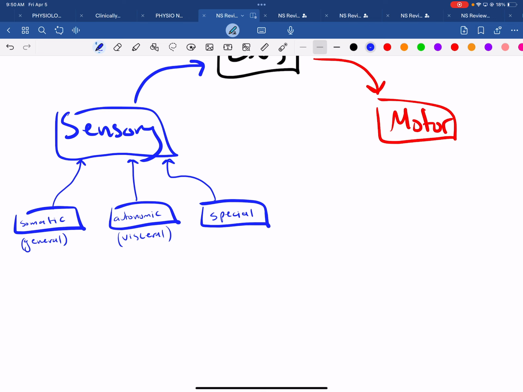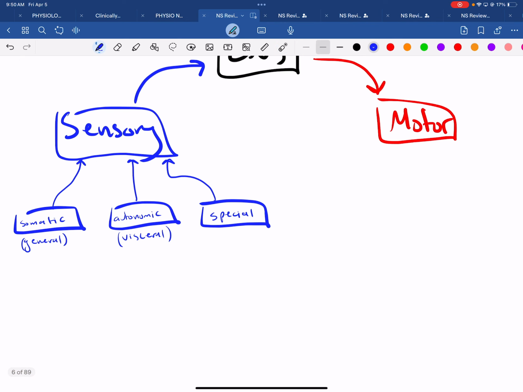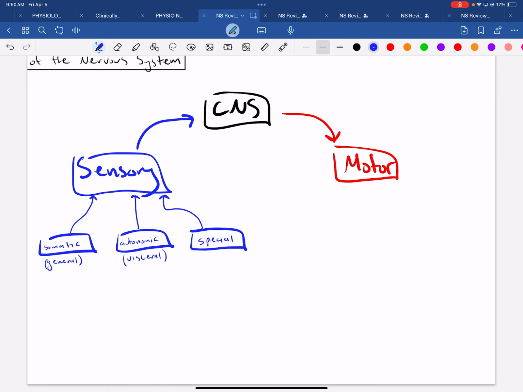Those are visceral senses. So that's what this is talking about, visceral or autonomic senses. Let's break that down a little further, actually. So, never mind. It's not physiology. Yeah, never mind. I don't think it'll be that useful. There's other things to cover.